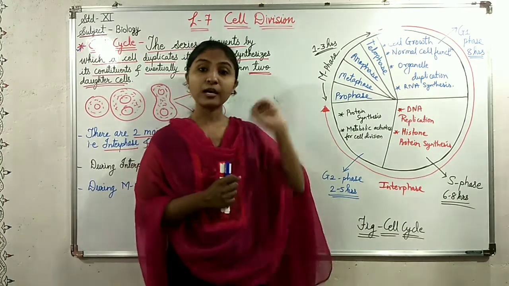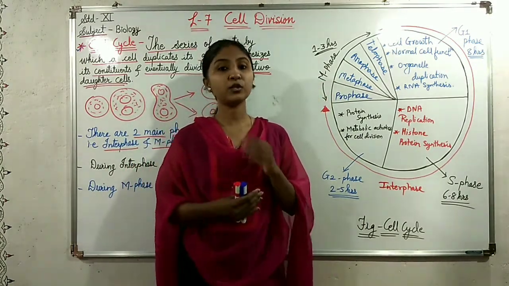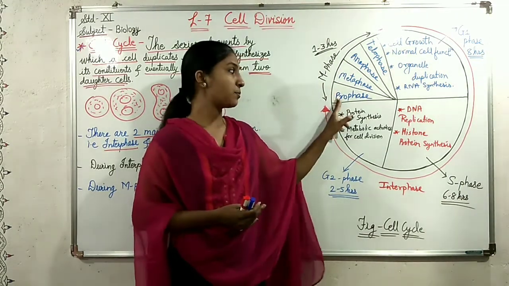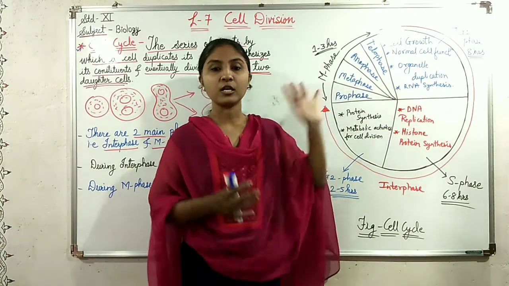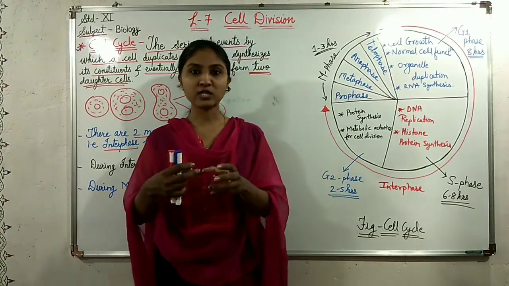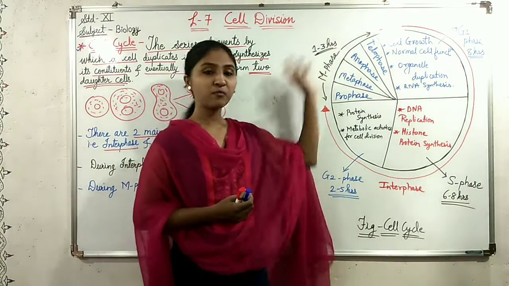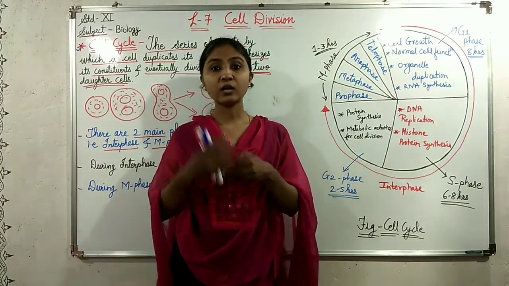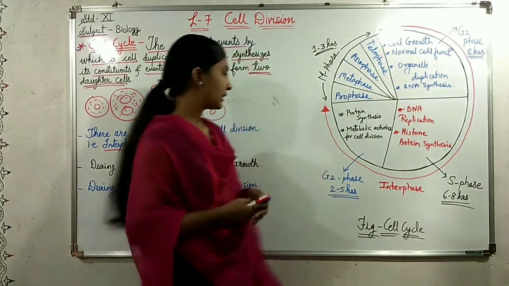The next is the M phase. M phase is further divided into 4 phases, that is prophase, metaphase, anaphase and telophase. Now in this M phase, M stands for either mitosis or meiosis. In this M phase, the cell undergoes 2 types of division.